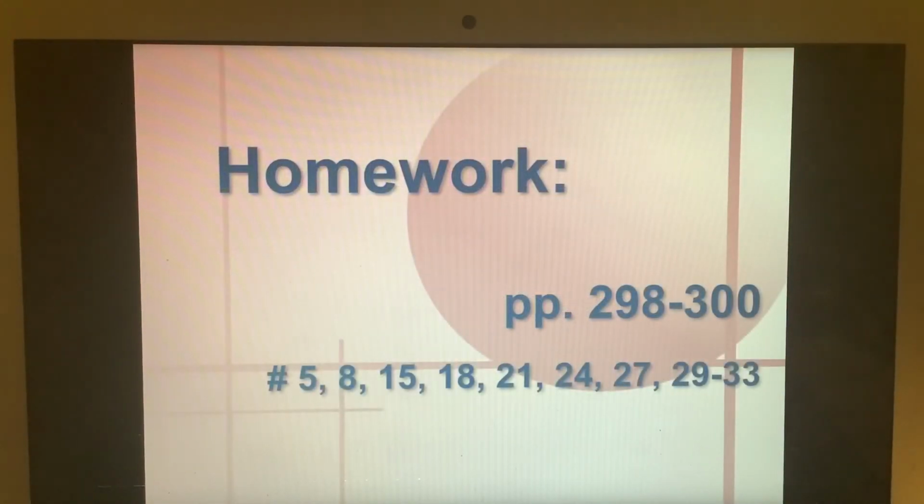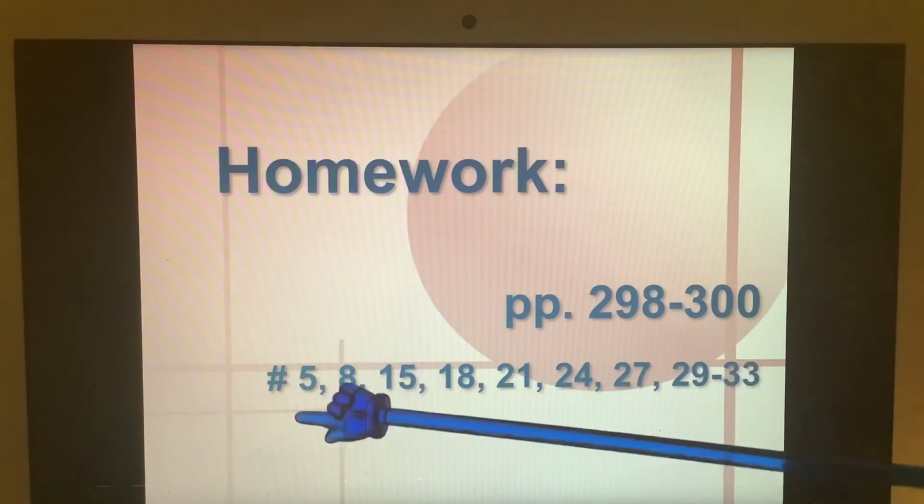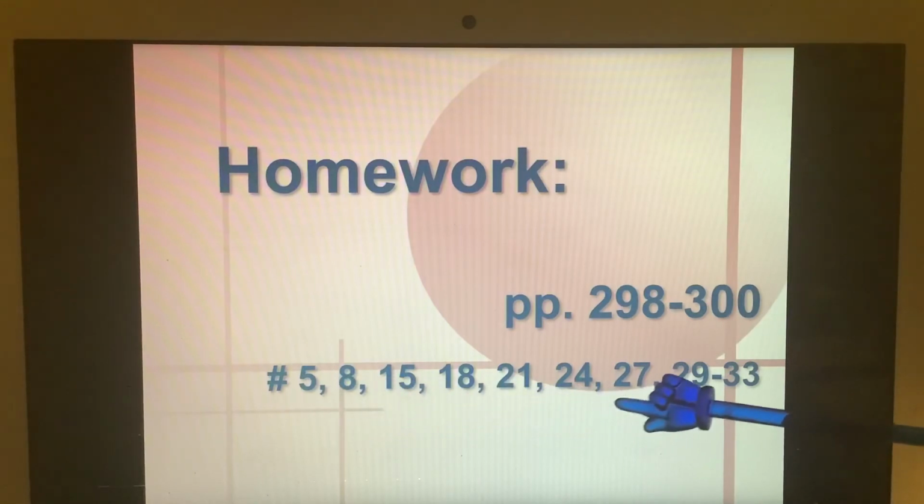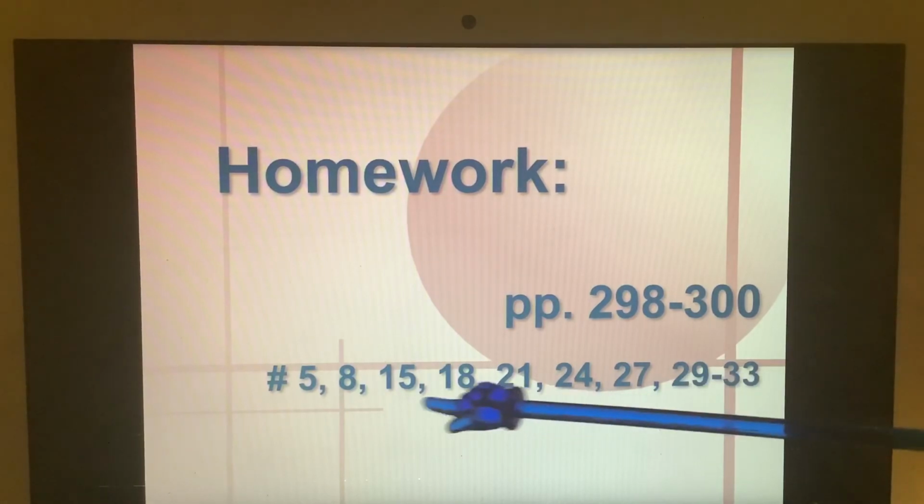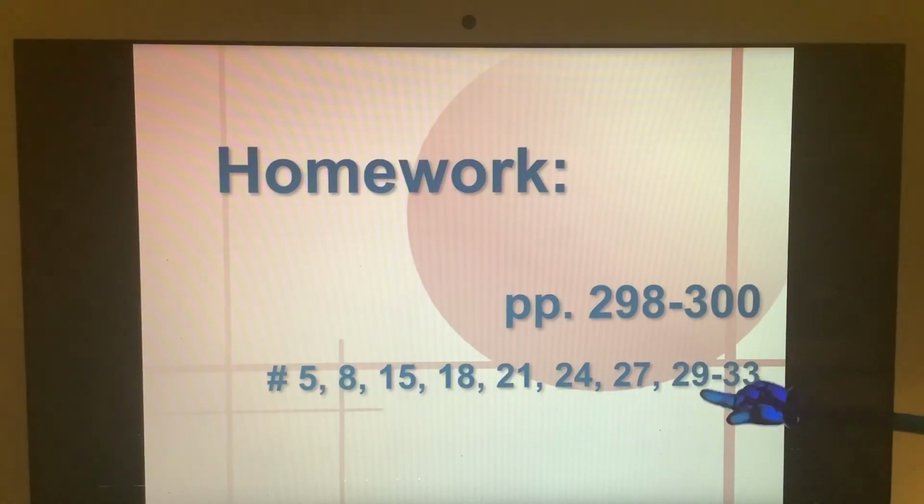All right, now there is your homework assignment. Hopefully those won't be too challenging. These are just 2 examples of each section. So representation, 2 samples there. Now 29 to 33, I want you to complete all of these.